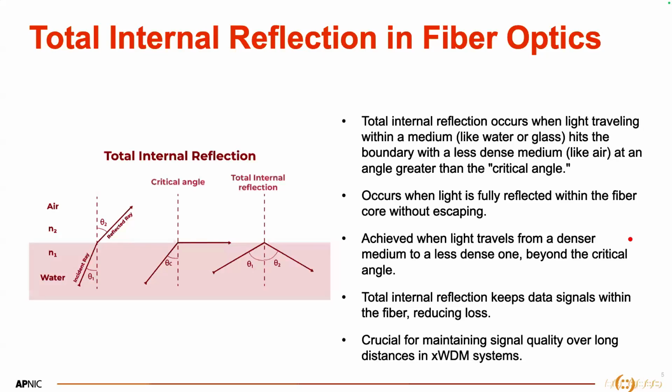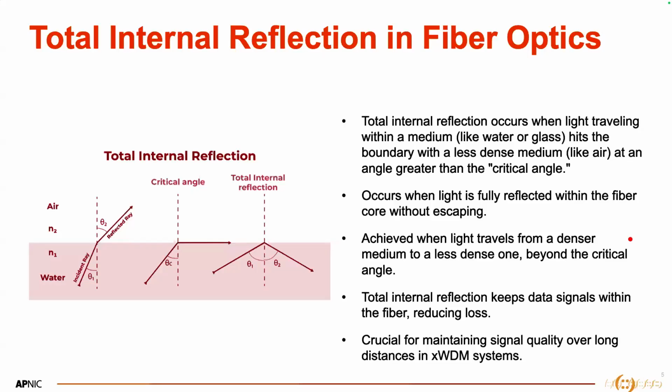These two mediums have two different kinds of density, right? One is a light density medium, which is air. Another one is a very thick density medium, which is water. When you throw light from water to air, as you can see, light doesn't go in a straight line. It changes direction a little bit.